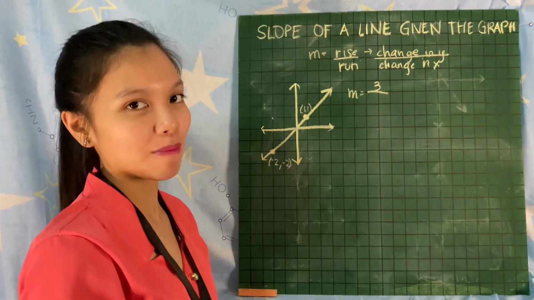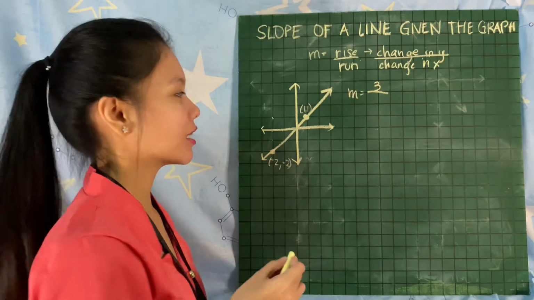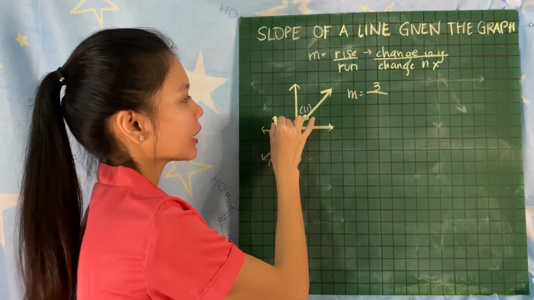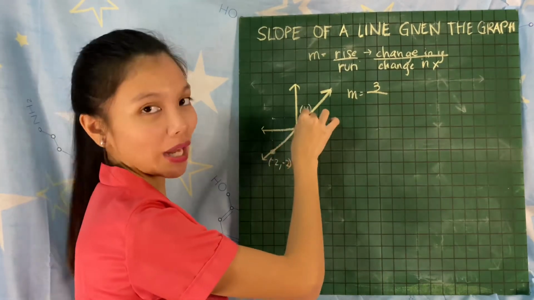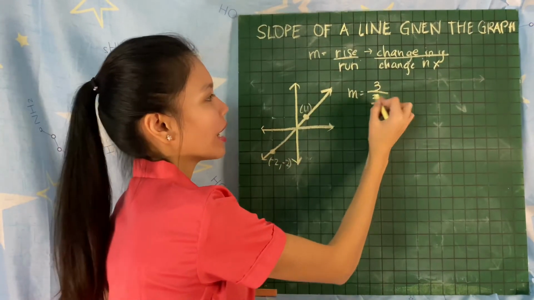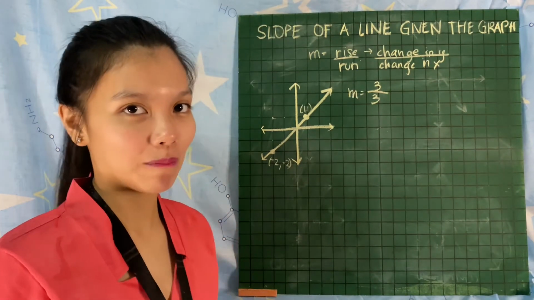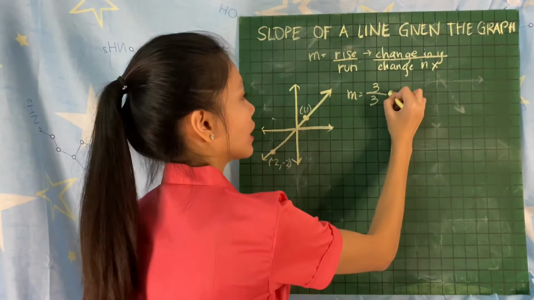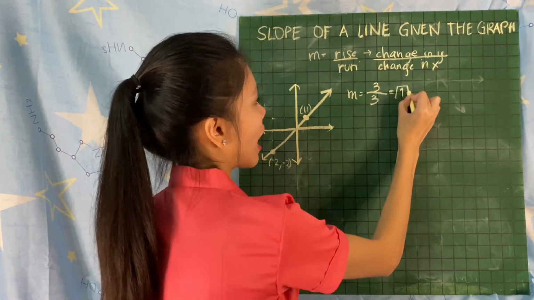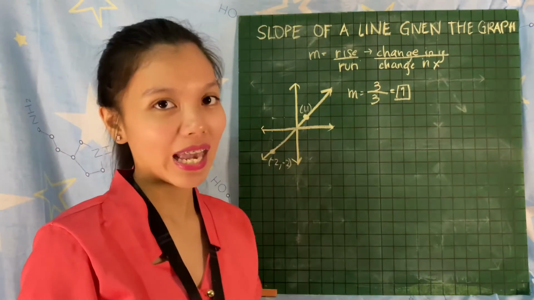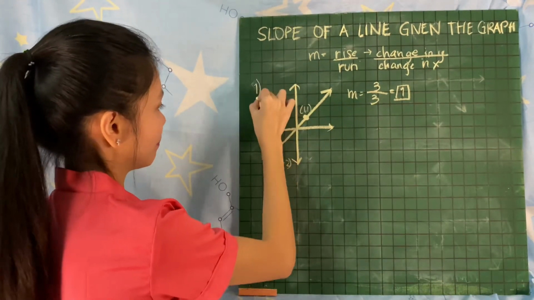For the denominator, bilangin naman natin yung change in the x-axis. We have 1, 2, 3, so run is 3. Then, simplify your fraction if it can be simplified. 3 over 3 is 1. Therefore, our slope for this graph is 1. Another example.